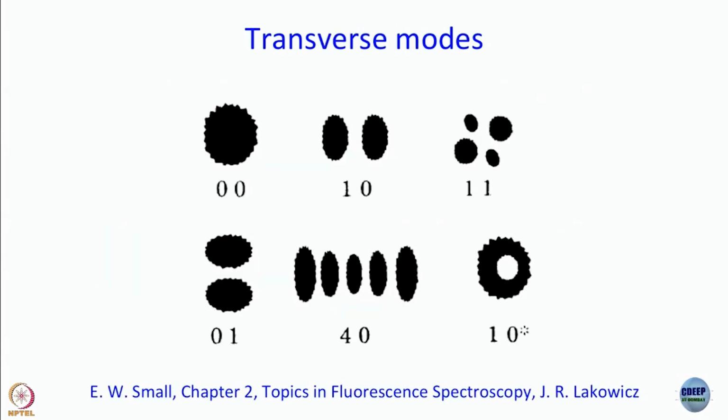Okay. Before we move on, it is time to talk formally about transverse modes. What is a transverse mode? You take a laser beam, maybe expand it, and put it on a surface. You are going to see a spot. The question is, what does this spot look like?